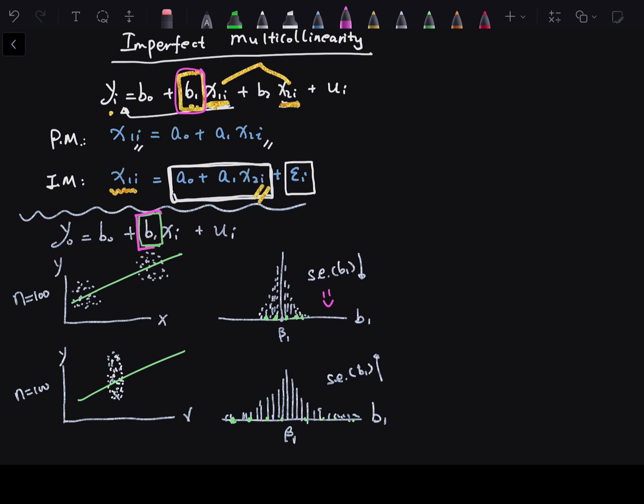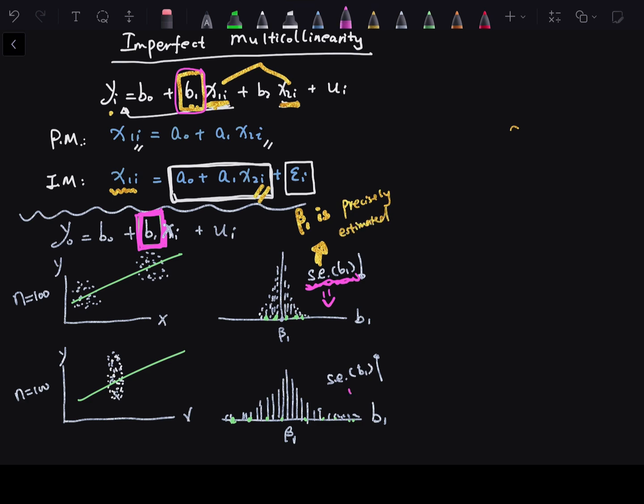This is the magnitude of B1, but the standard error of B1 is equally important. We use the standard error of B1 to construct a confidence interval for beta 1 and also to do hypothesis testing, right? Whether beta 1 equals 0. So this is the better case. If this is the case, we say beta 1 is precisely estimated.